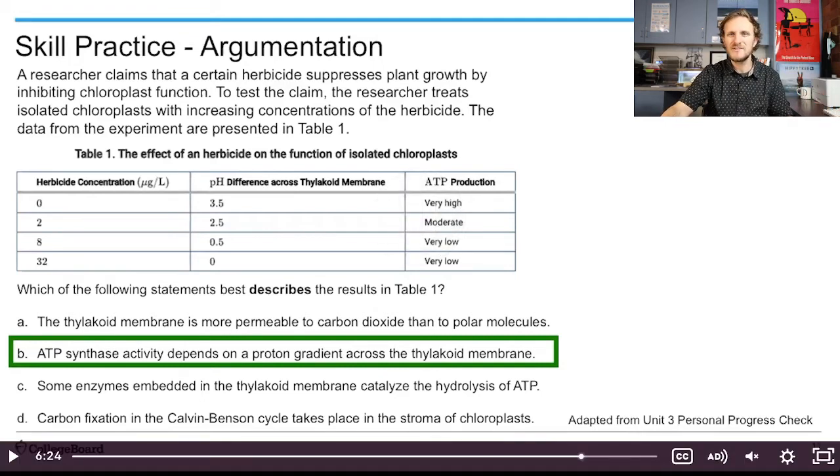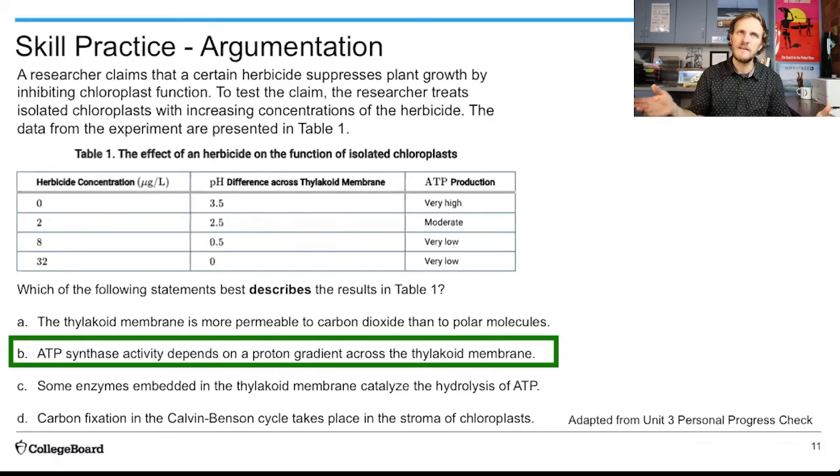We have to understand, what is pH? pH means percent hydrogen. So thinking back to this electrochemical proton gradient, the higher the pH difference across the membrane, we would think the more ATP should be produced.